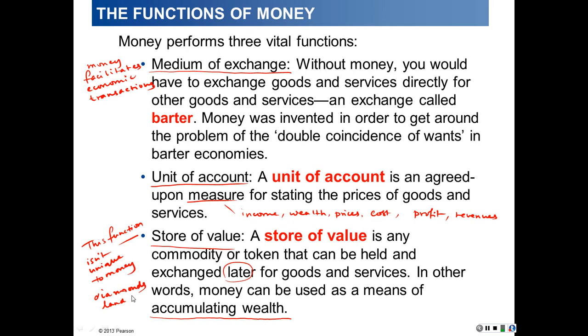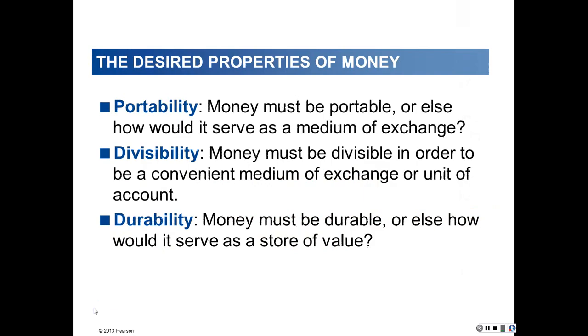Now, in order for money to perform these three functions, it must have certain properties. So we are talking now about physical properties of this thing that you have chosen to be money. And this thing that you have chosen to be money has been quite varied in human history. Right?